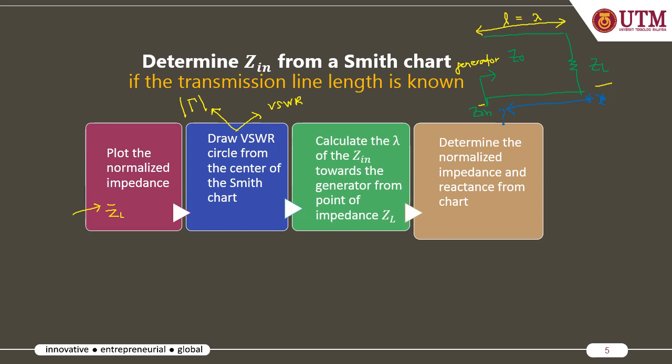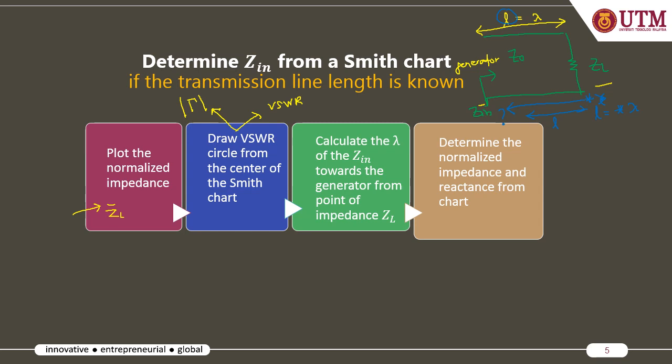Okay, so towards the generator, in this case you need to consider the current point. The current point is the L that you know. So the L, the value in lambda, plus the wavelength towards the generator. Okay, so then you'll know the position of your input impedance.